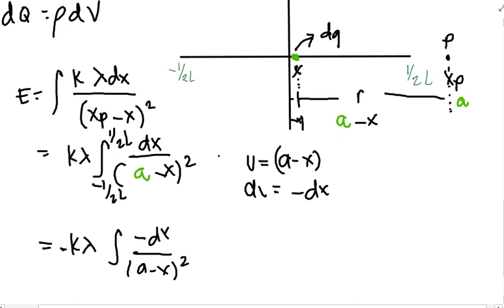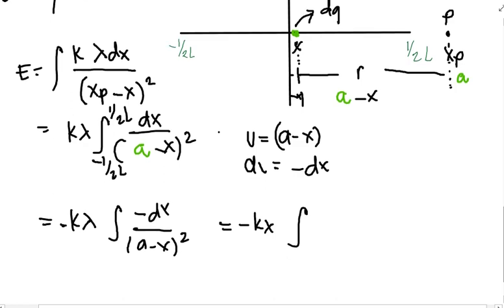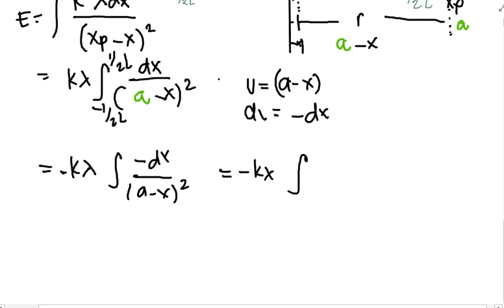Since our dx is negative, we need to multiply inside. So with the u substitution, this will be equal to negative k lambda, your integral of du all over u squared.